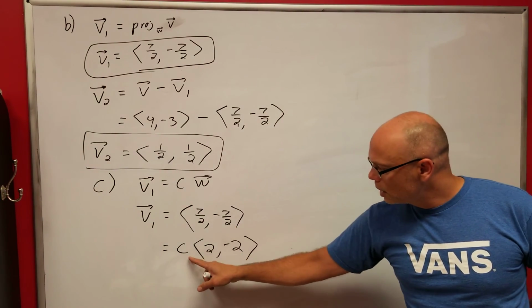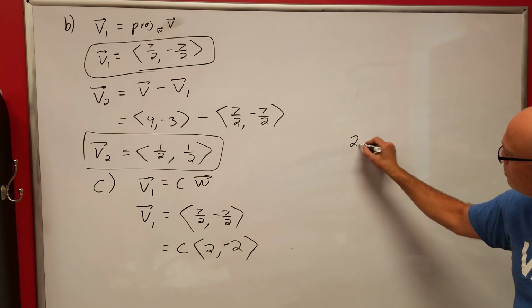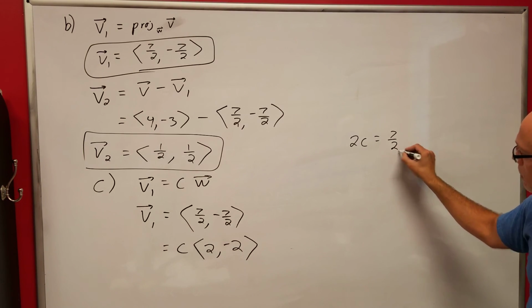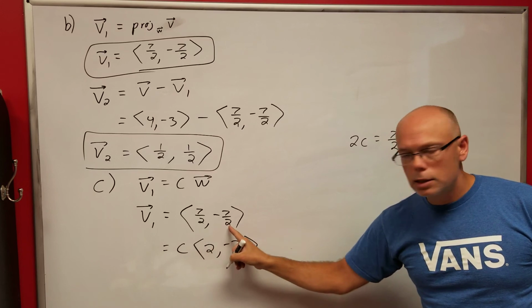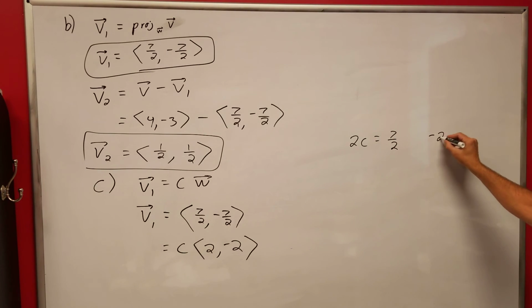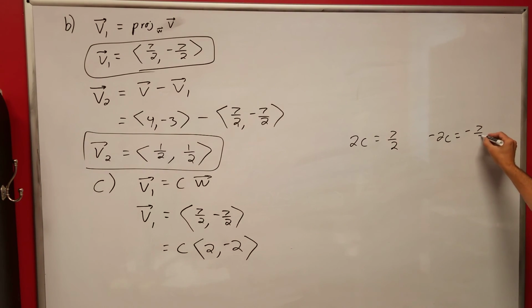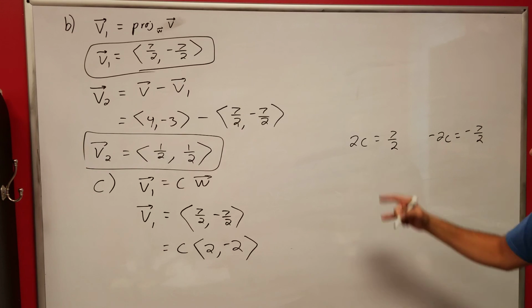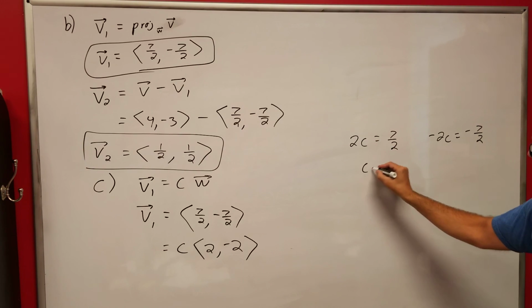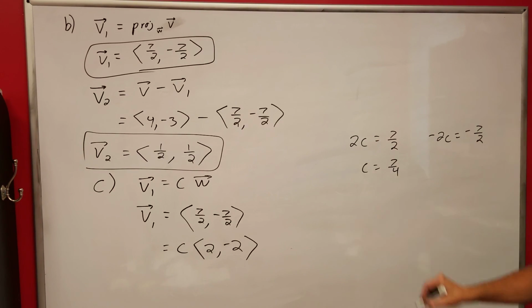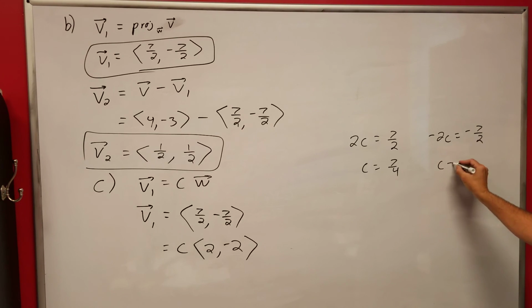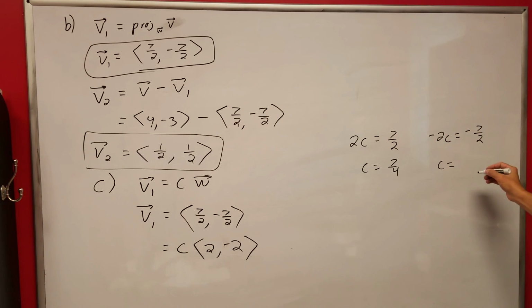Well, let's see. 2 times C should give me 7 halves, right? 2C is equal to 7 halves. And negative 2C should give me negative 7 halves. All right, so multiply by the reciprocal, and that gives me what? 7/4. Same thing here, multiply by the reciprocal, and what do you get? 7/4, right?